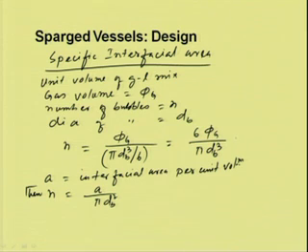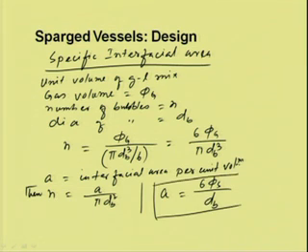So, from these two equations, if we equate, we can obtain A is equal to 6 phi g by dB. So, this is the equation to calculate the specific interfacial area, that is interfacial area per unit volume.